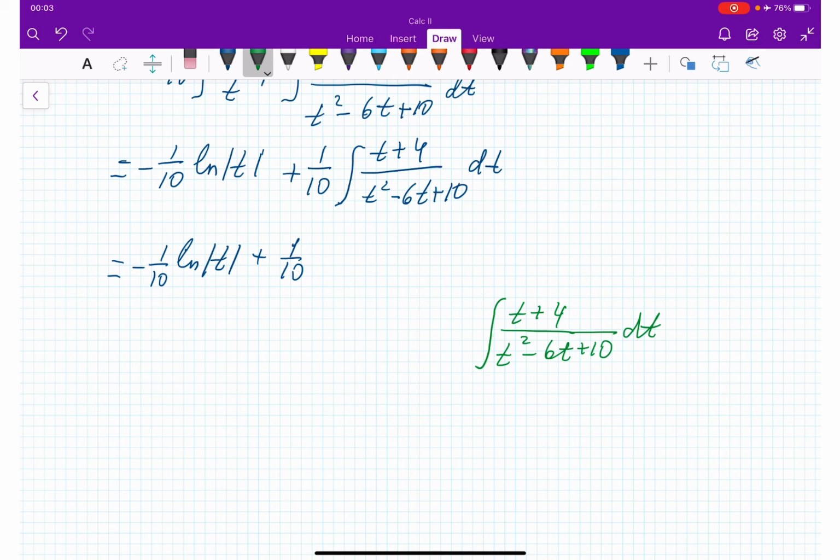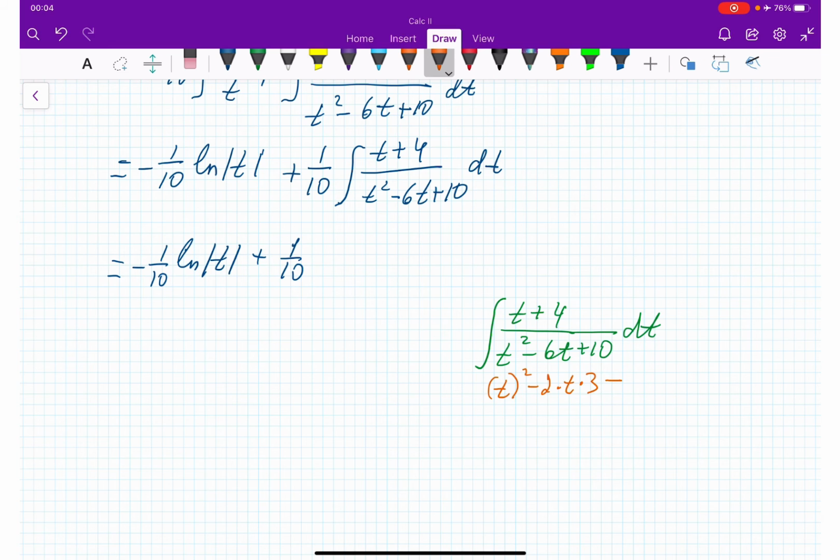Okay, what I'm going to do first. First thing, I'm going to complete the square in the denominator. So what do I have here? T to power 2, right? Minus 2 times t times 3, that means for the next term it's going to be 3, right?